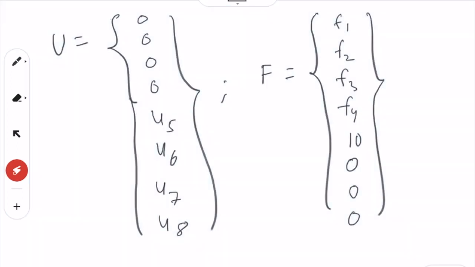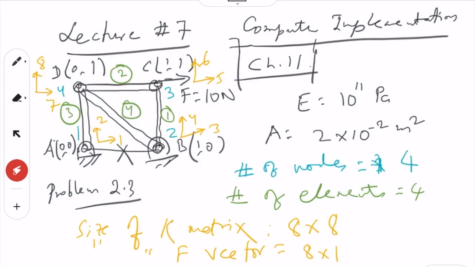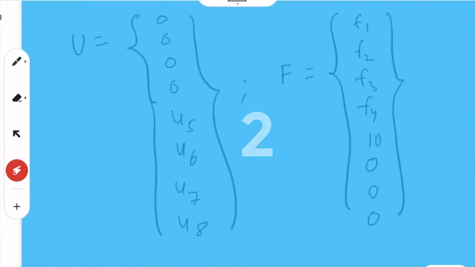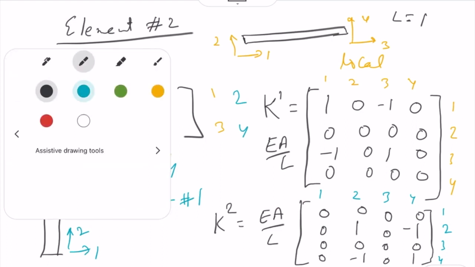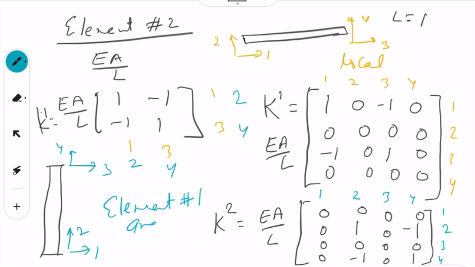Similarly, 1 and 3 are the same, both are vertical. For this one we have done, and 3 is equal to 2 only, everything is the same. So we can say that this is for element number 2 and also 3.